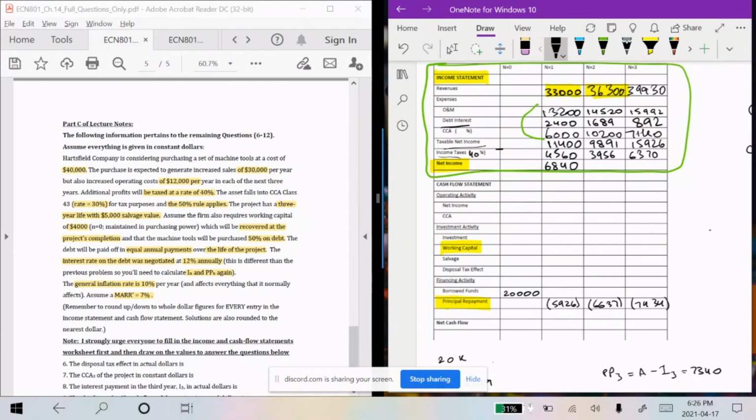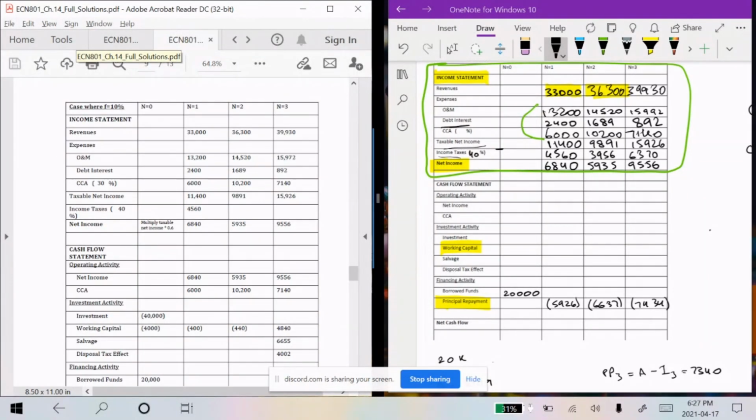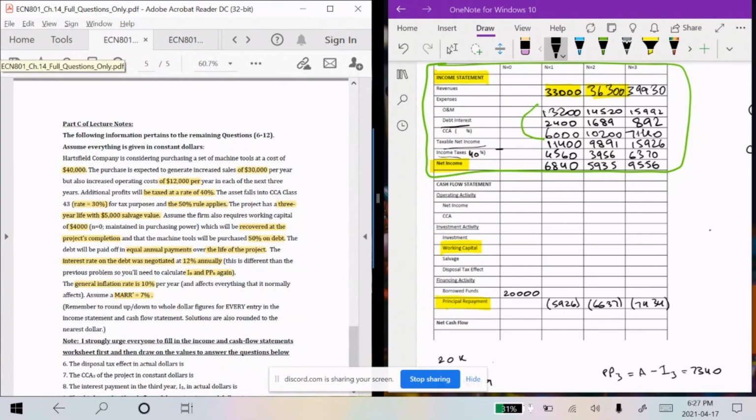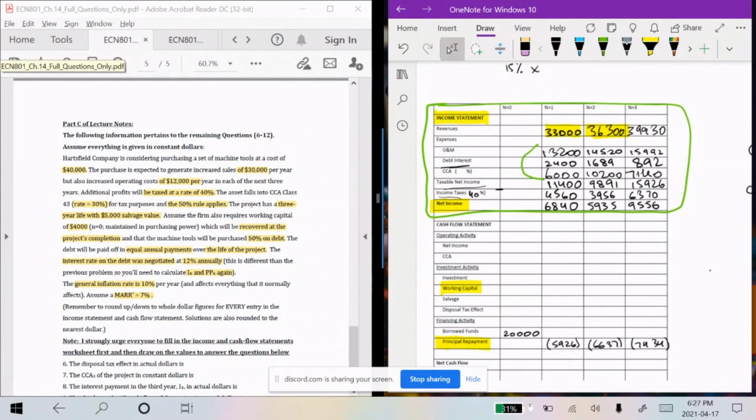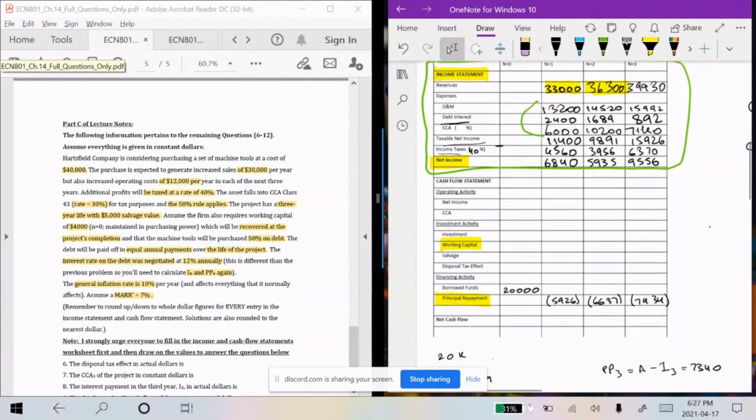Then in the next one, 9891 minus 3956 is 5935. Then 15,926 minus 6370 gives 9556. Just check. That's right. This is the net income. This concludes our first table, the income statement.